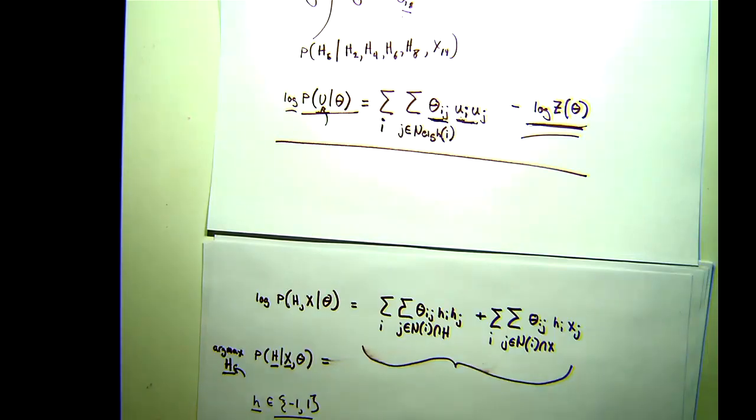So we need a system where we can find this argmax of h, evaluating all these formulas in an efficient way. We can't use dynamic programming. We can't use our trick of taking the derivative and setting it equal to 0. So this is where variational inference comes in.